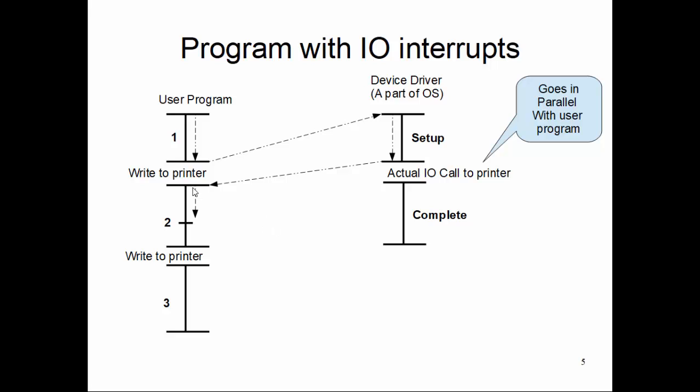Let's say in the middle of the continuation, at this new point your printer is done. Once it is done, we still need to do the completion part of your device driver routine. So at this point, my control needs to go to the completion part of your device driver subroutine, complete it, and come back and restart your process as if nothing happened.